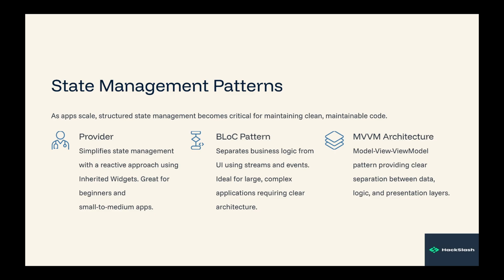Also there are different types of architecture in app development, such as MVVM architecture, that is Model View ViewModel. It helps us in differentiating logic, data, and presentation layers. So when you are changing the front end, you don't need to change the logic behind it. You don't need to change everything in a single file. So it helps in making our coding easier.